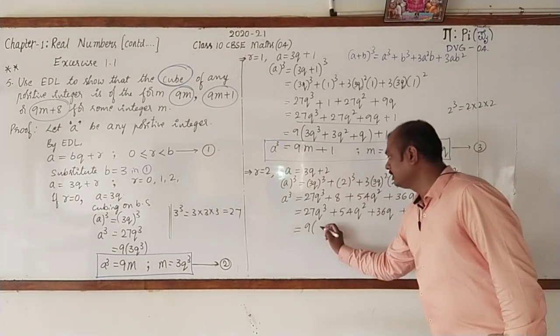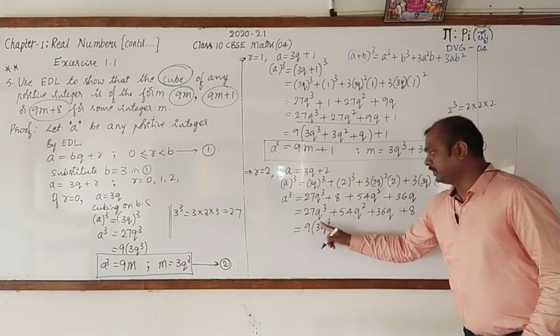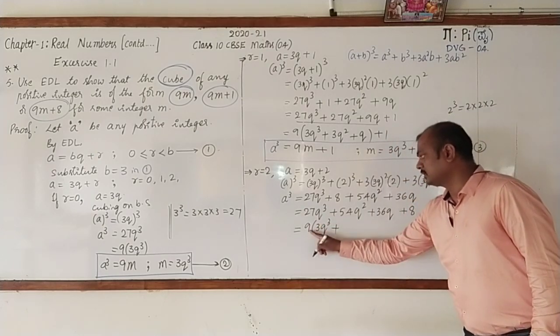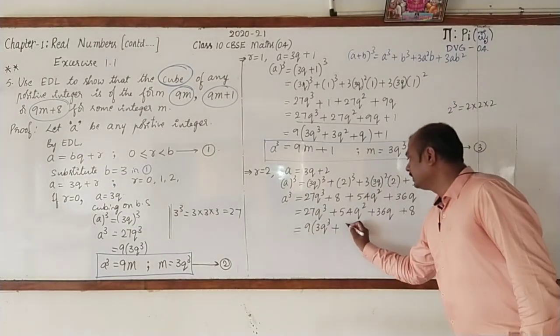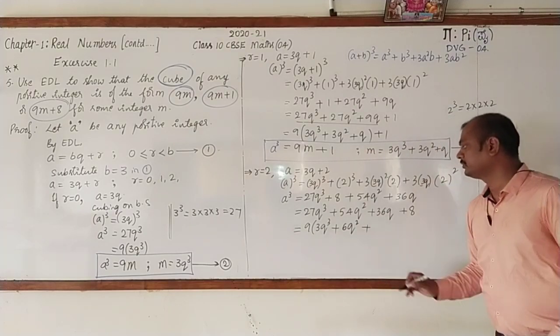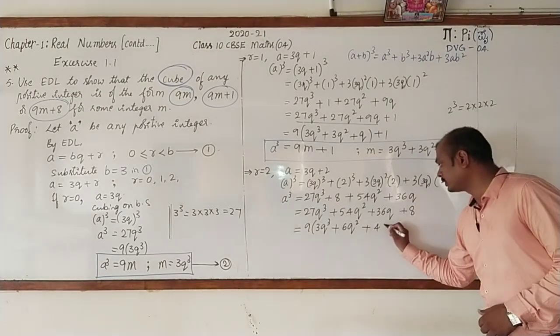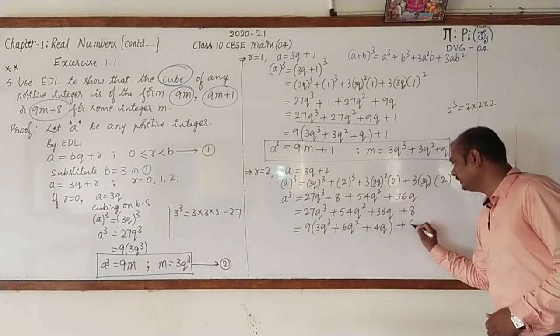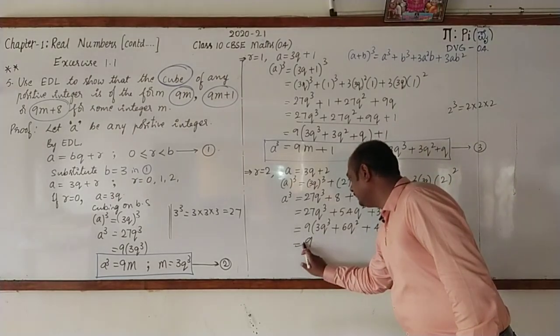9, how much are 9? It is 3. 9, how much are 27? 3. Cube as it is. 9, how much are 54? It is 6. q square as it is. 9, how much are 36? 4. So 4q plus 8 as it is. Now this is equal to 9.